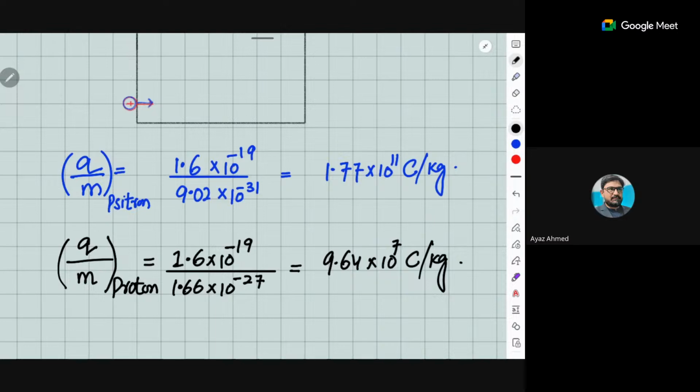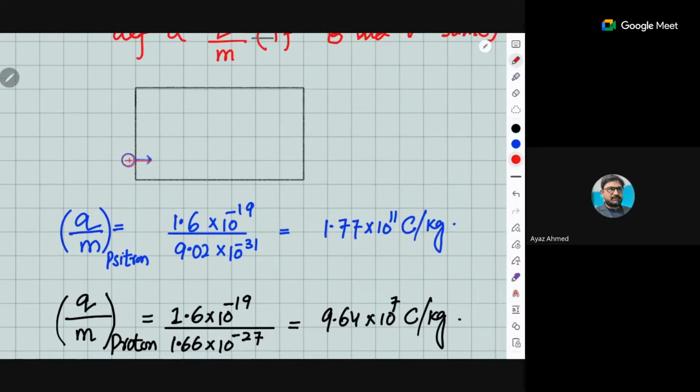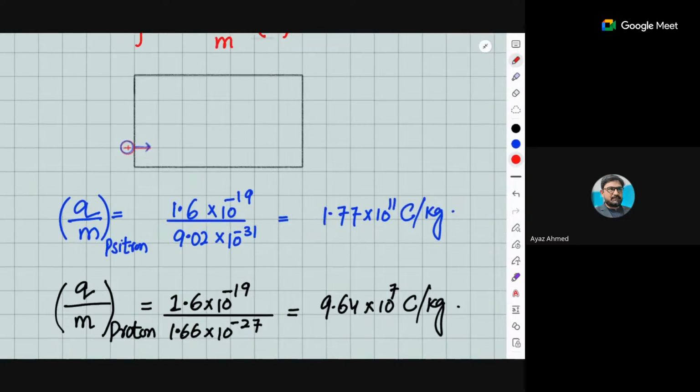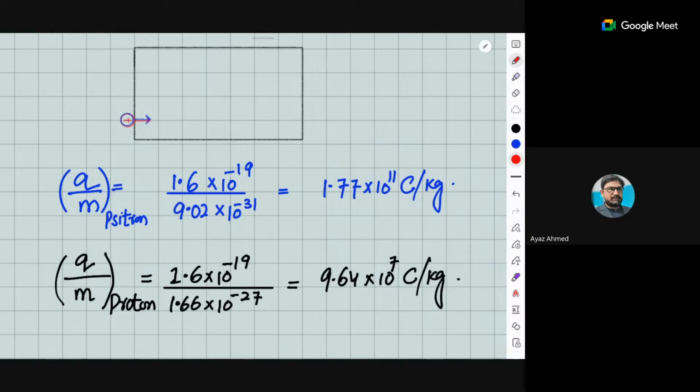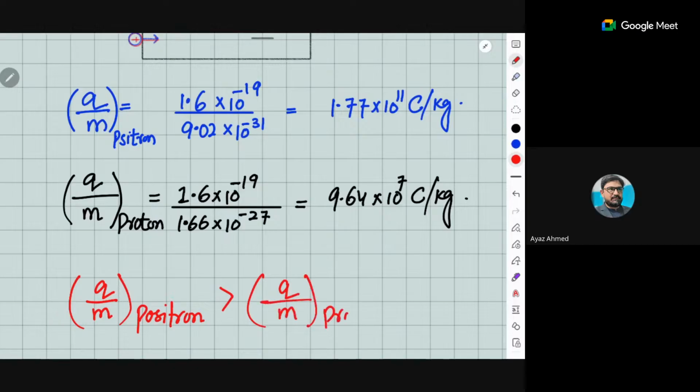So did you notice that, according to this calculation, which charged particle will have more deflection, positron or proton? Come on, you people can make it. The charge to mass ratio of positron is greater than the charge to mass ratio of proton.